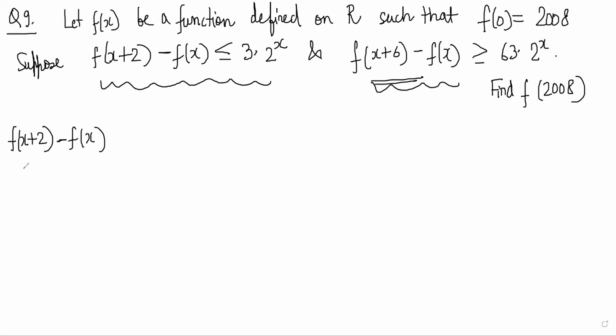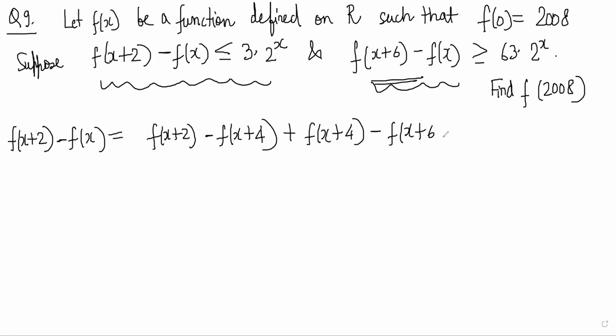So, if I say f of x plus 2 minus f of x, I can write it as f of x plus 2 minus f of x plus 4. And then I need a plus f of x plus 4 and minus f of x plus 6.